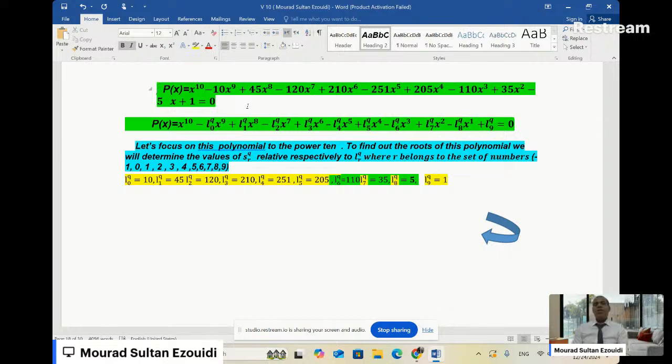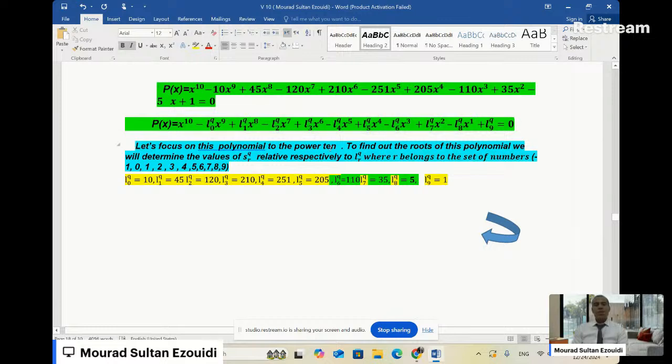Our 10th degree polynomial equation has to be written in its standard form, which is x raised to the power 10 minus L0 of order Q x raised to the power 9 plus L1 of order Q x raised to the power 8 minus L2 of order Q x raised to the power 7 plus L3 of order Q x raised to the power 6 minus L4 of order Q x raised to the power 5 plus L5 x raised to the power 4 minus L6 x cubed plus L7 x squared minus L8 x plus L9 equals 0.